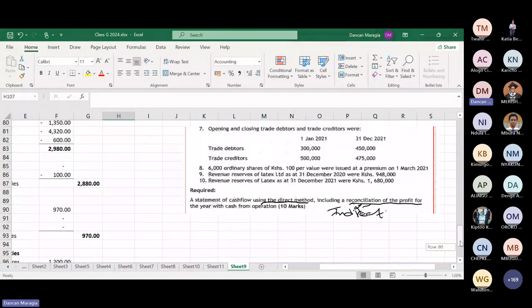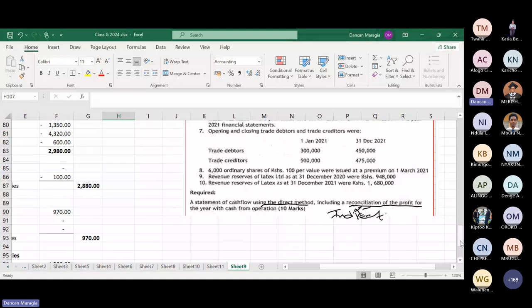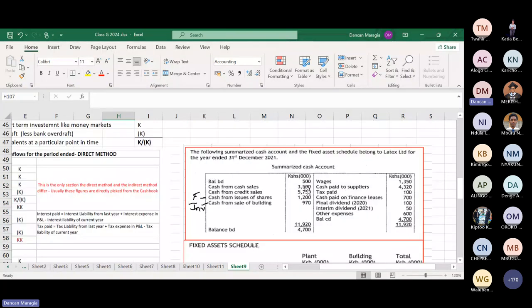Remember, let's assume in the cash book we have cash from sales of 3,500, correct? And cash from credit sales of 5,750. So in total, how much cash did you receive from sales in that period? 3,500 plus 5,750 should give you 9,250.